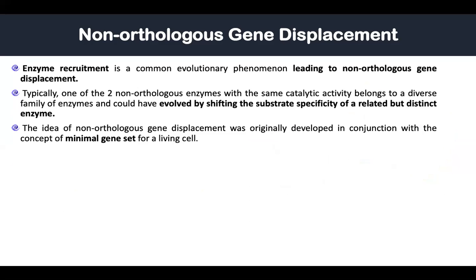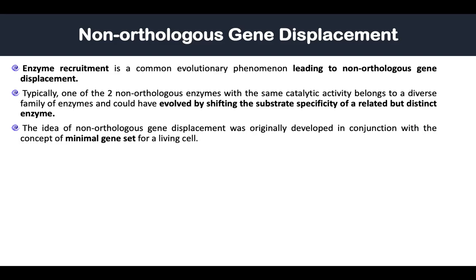So enzyme recruitment is a common evolutionary phenomenon leading to non-orthologous gene displacement. Typically, one of the two non-orthologous enzymes with the same catalytic activity belongs to a diverse family of enzymes and could have evolved by shifting the substrate specificity of a related but distinct enzyme.